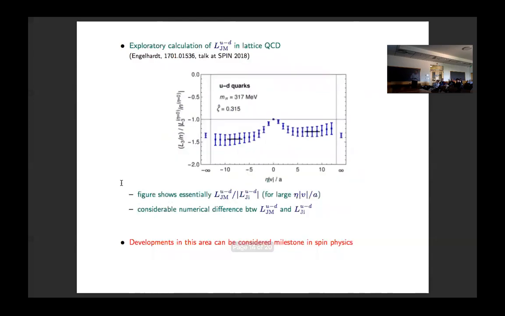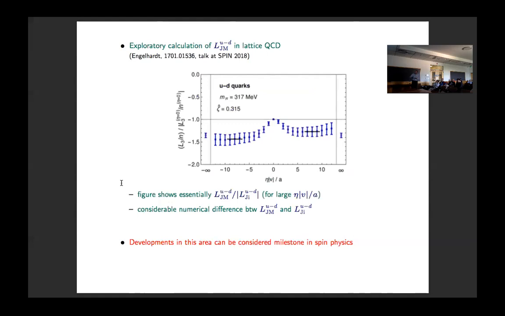And this is where we are with that. So Michael Engelhardt did a first exploratory calculation of the Jaffe-Manohar orbital angular momentum for u minus d quarks in lattice QCD. What is shown here in this plot is essentially the ratio of the Jaffe-Manohar orbital angular momentum divided by the magnitude of the Ji orbital angular momentum.